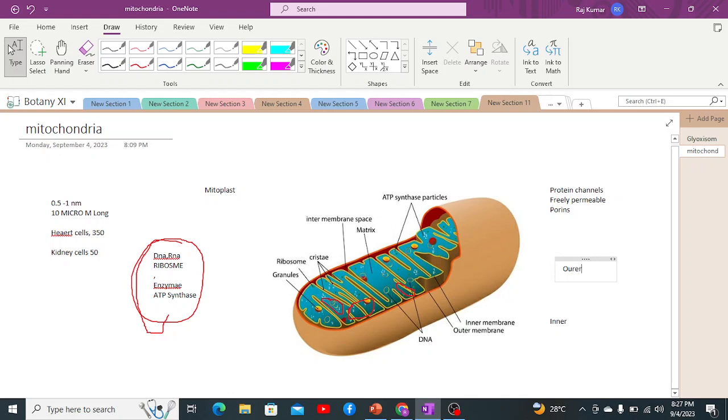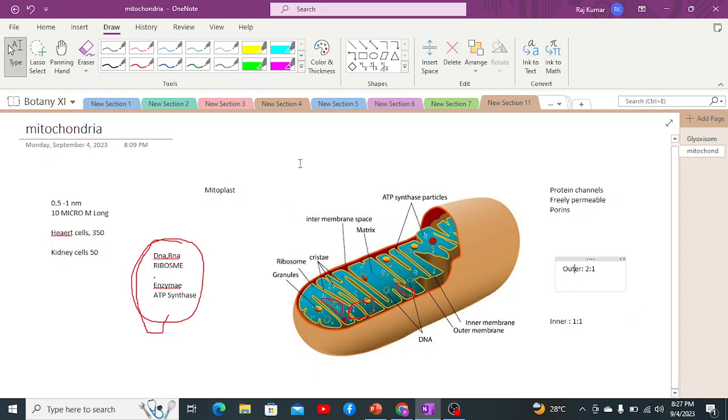The outer membrane has a ratio of protein to lipid of 2:1, which means that the number of proteins is double the number of lipids. On the other side, in the inner mitochondrial membrane, the ratio of protein to lipids is 1:1, which means both are present in equal amount.